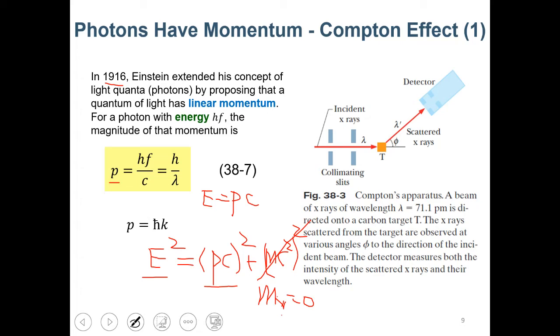So we substitute E equals PC into... actually we rearrange the variable so that P equals E over C. And as we know, E equals HF, so we substitute E equals HF, so that we have something like this. And also we know that C equals F lambda. So that finally we can write that P equals H over lambda.